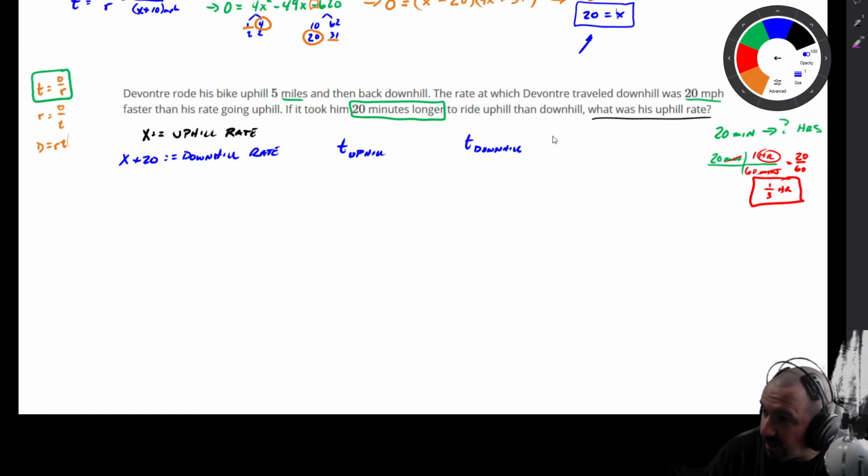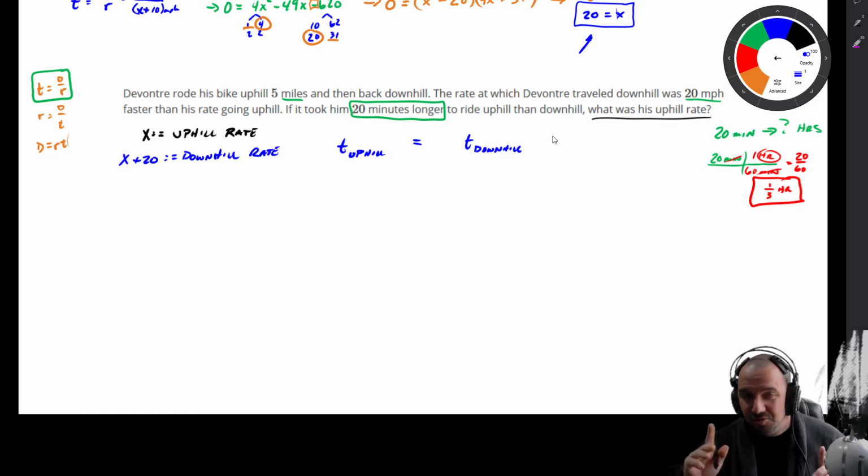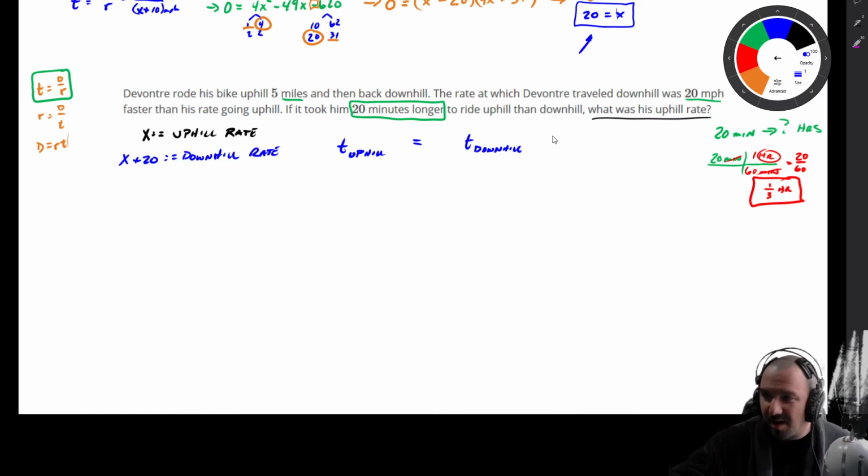And so I'm going to set these two equal. But you know already by the problem that it takes longer to do one than the other. So what we need to do is figure out who we are going to add 20 minutes to, or who we are going to subtract 20 minutes from. There are 3 different ways that you can write this equation, and they're all correct.